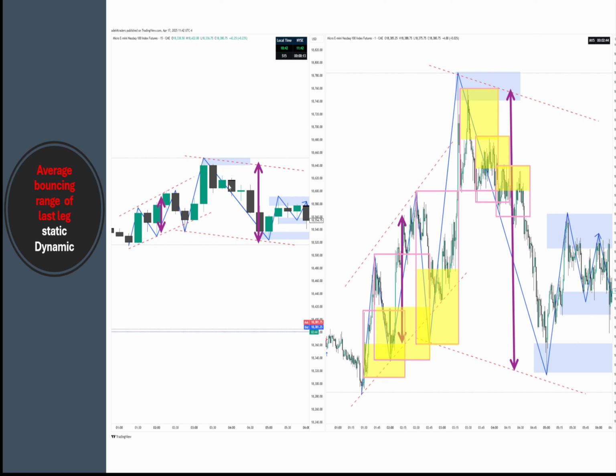Another one here as well, while we don't have strong confidence to go short in this one because this is just the beginning of the leg. So we're still looking for buys there while we're looking for sells here, although we know the probability is a little low and it's a high risk area, but if the risk reward is worth it, we can go with that. And also here, the same concept, and it goes on and on.